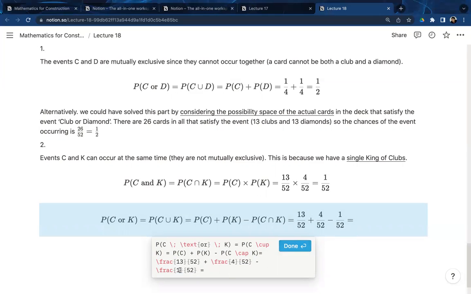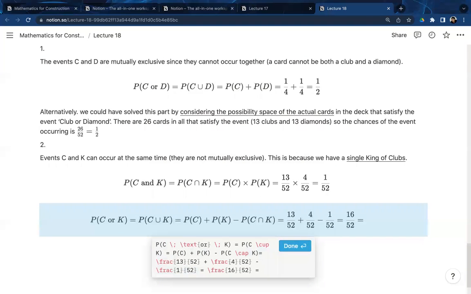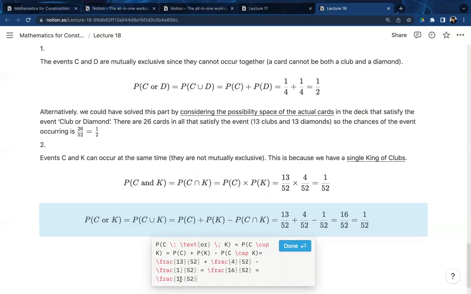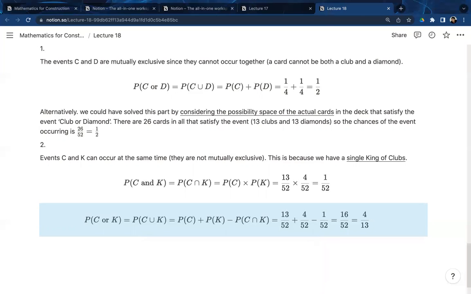So you get 16 over 52. Now 4 is a factor of these two numbers, so we could reduce 4 into 16, 4, and 4 into 52, 13. So this is the probability that you get a king or a club, same as a club or a king, right?